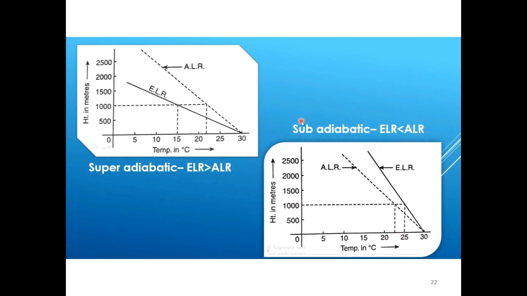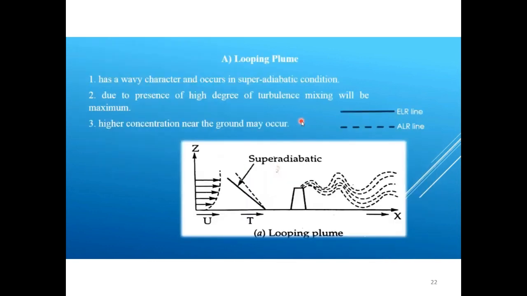Now let us see the first plume, that is the looping plume, in the next slide. The looping plume only occurs when the environment is super adiabatic, which creates a highly unstable environment. Thus, the dispersion and mixing of pollutant, mainly the air pollutant, is rapid.